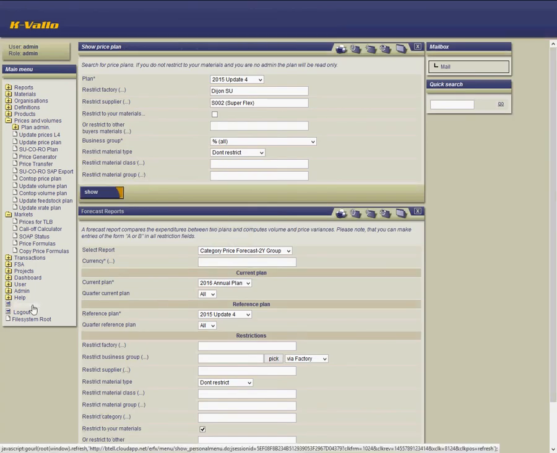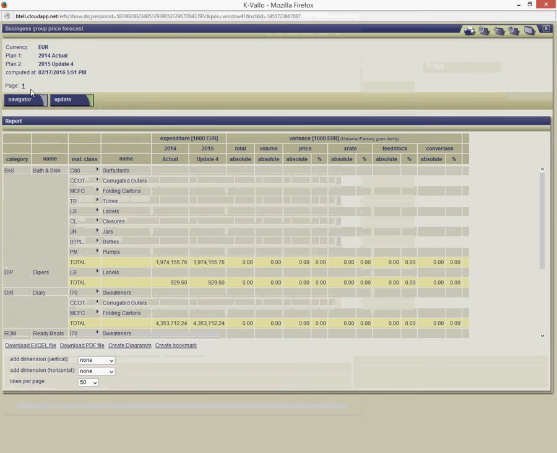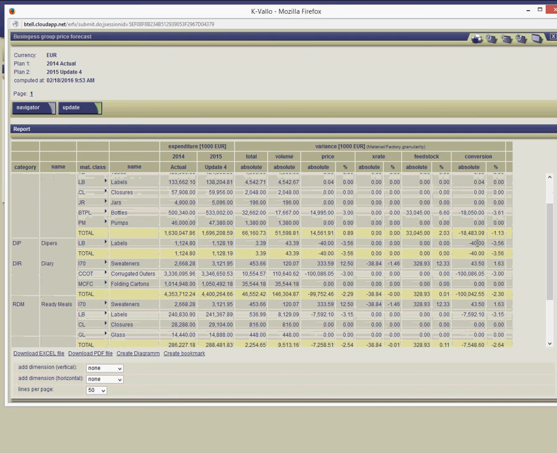And if we look now into our variance analysis, we can see on the label prices we have a slight effect, because there are only few labels, but here we have a massive effect, and here we have a massive effect.